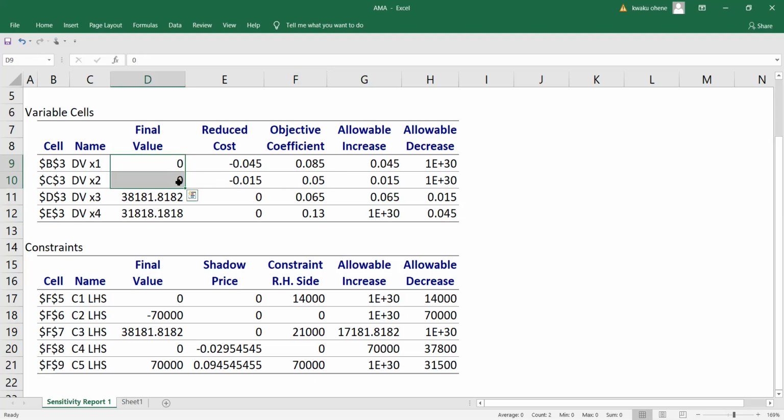So what should be done for AMA to be willing to invest in them? What you want to do is increase the objective coefficient, increase their value. So you have to increase the interest rate of 8.5% up to what limit?